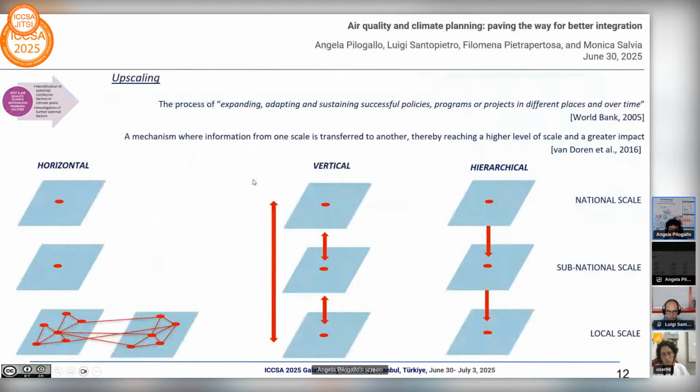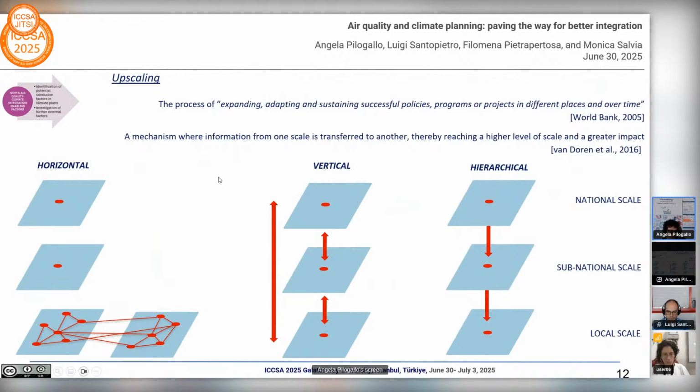The third methodological step concerns the identification of factors potentially enabling a better integration, and we framed this analysis looking at the upscaling theoretical framework.